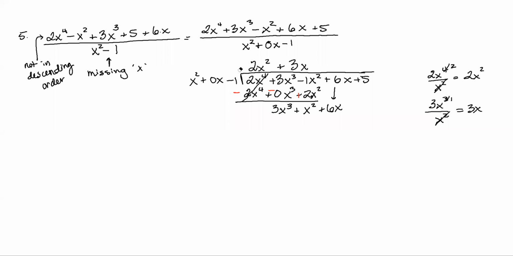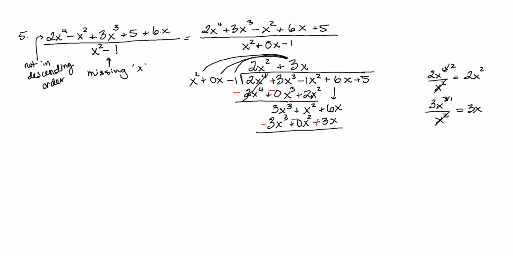And then we multiply again. So I got 3x times x squared, 3x cubed. 3x times 0x, again, 3 times 0 is 0. X times x is x squared. And then 3 times -1, negative 3x. Change the signs and subtract, so minus, minus, plus.